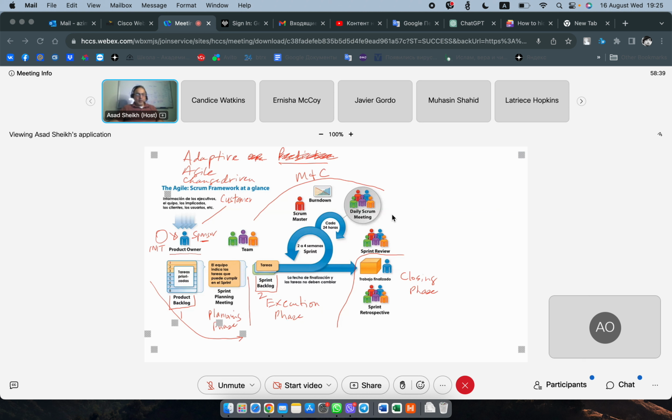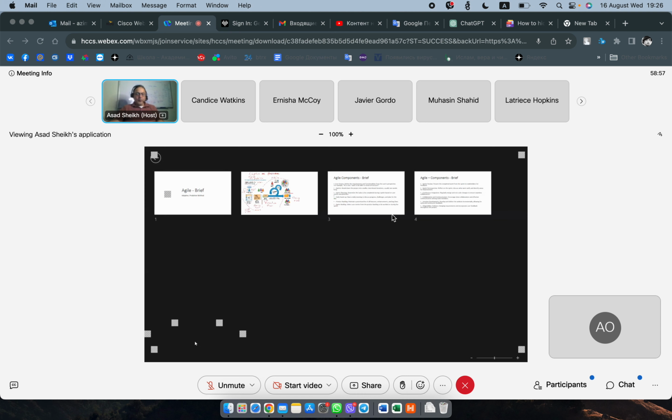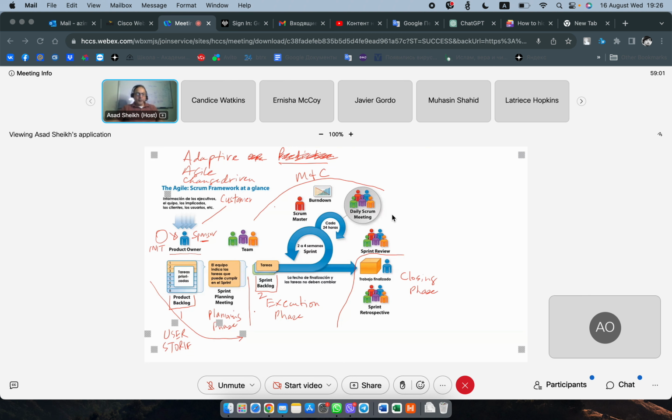And you see 1, 2, 3, 4, 5, 6, 7, 8. So this product backlog could have 8 what they call in Agile user stories. User stories are nothing but requirements.